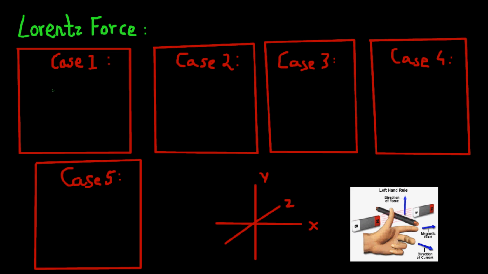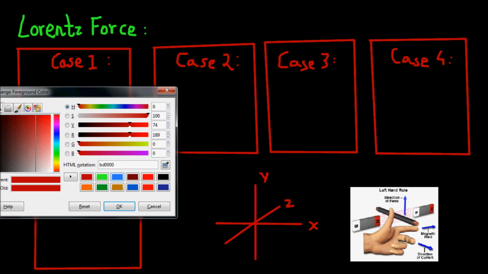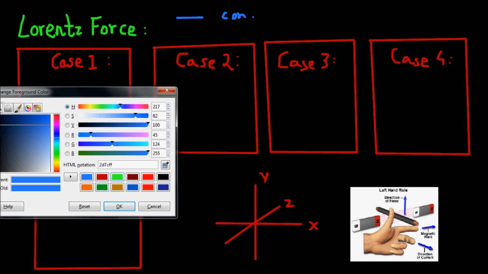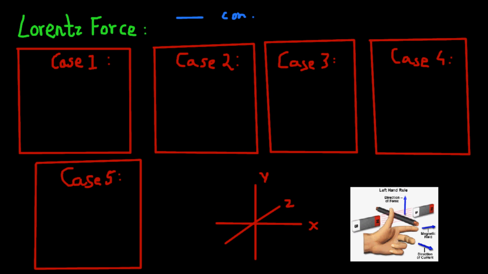So now I've just drawn boxes, 5 cases. Now I'm going to go through each case. In each case, we have a magnet. We're taking a horseshoe magnet here because it's simpler to understand. And we're taking a conductor. I'm going to denote the conductor in, say, blue. Conductor is in blue. Just write CON. And say our magnetic field lines.